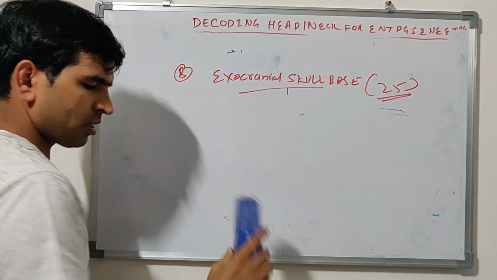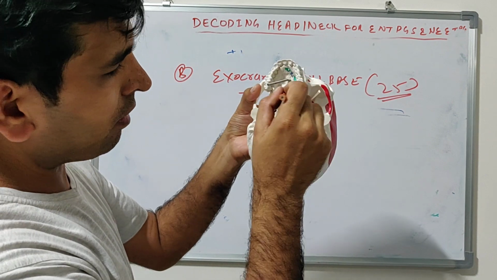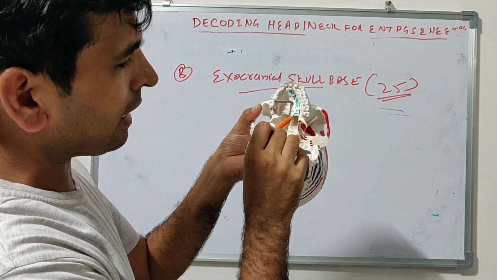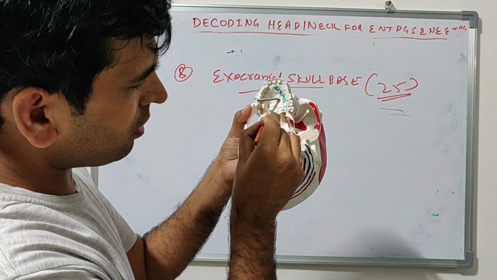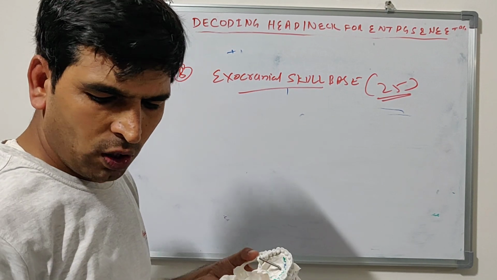Now behind this greater palatine foramen is the pyramidal process of the palatine bone. Here are two or three small foramina called the lesser palatine foramina.